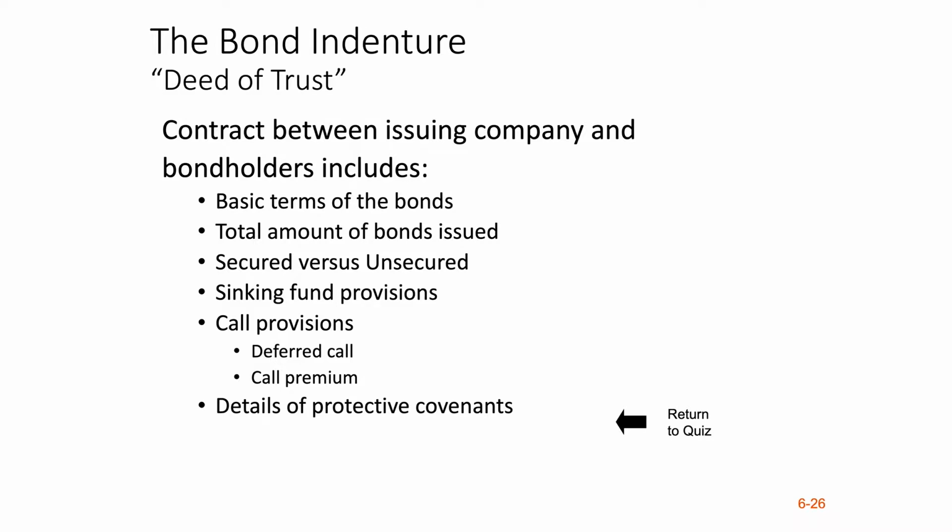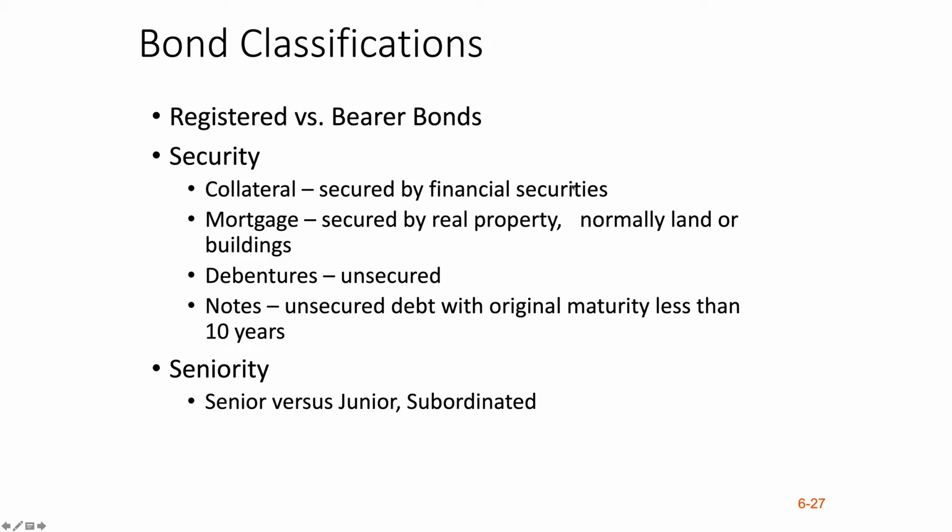A bond classification: some bonds are called bearer bonds. Whoever carries the bond, they pay. On the other hand, if the bond is registered, you have to register with the treasurer, and they'll pay you directly. Okay.